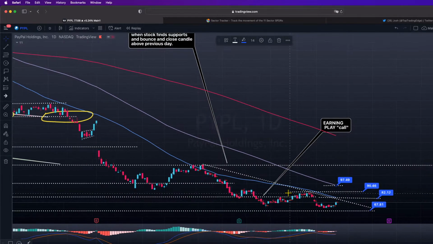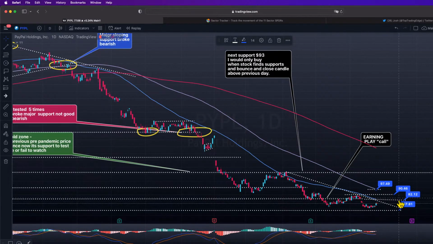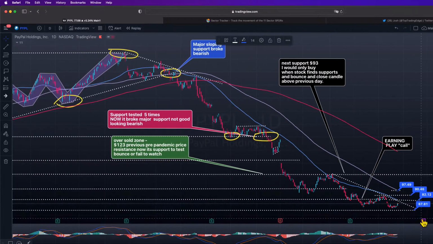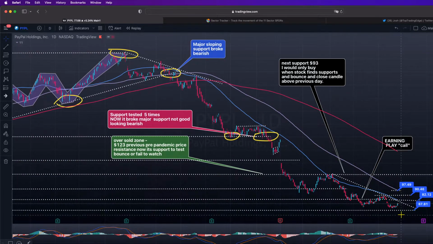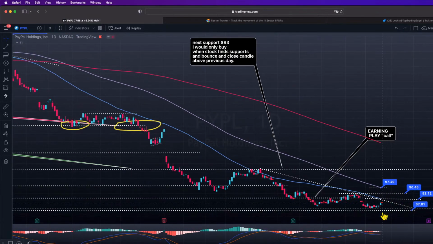Then they would be done with the short covering, probably. I don't know how much short cover they have here or not. But definitely long run PayPal is longer. But anyway, your goal is one week. So this is what I can see right now. We need to break this resistance to be bullish, and I think it's $82. If $82 breaks, then it's an easy one right here, 90.